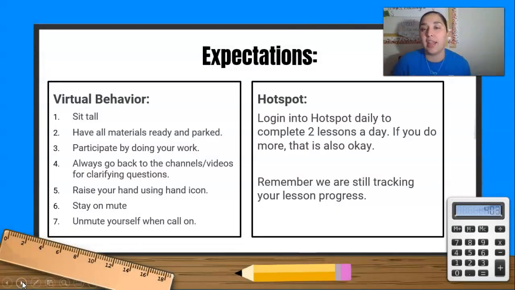Let's go over the daily expectations. While you're working, make sure you're sitting tall, that you have all the materials ready and parked. You have book number 1 ready, book number 2 ready, and book number 3 ready. That you participate by completing all the work.